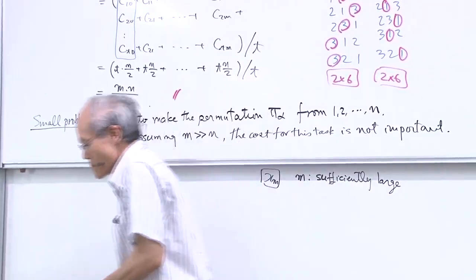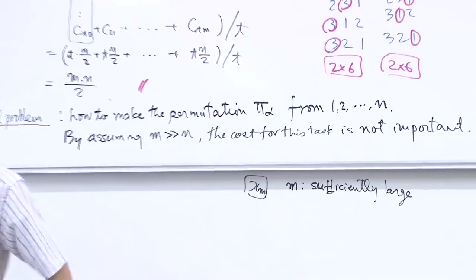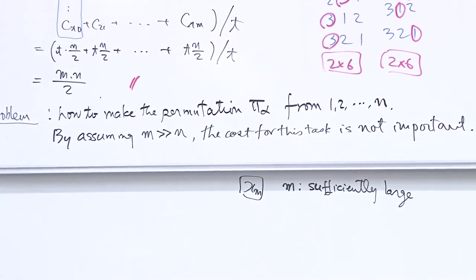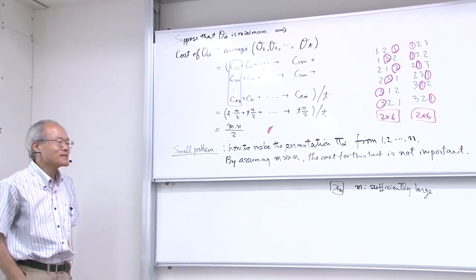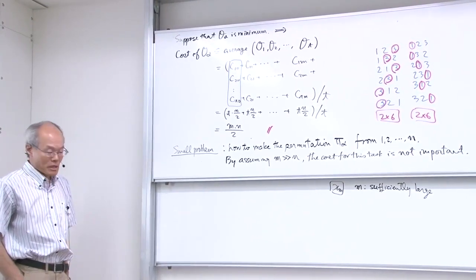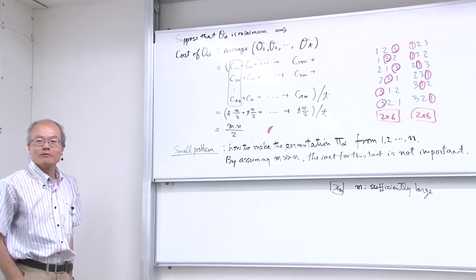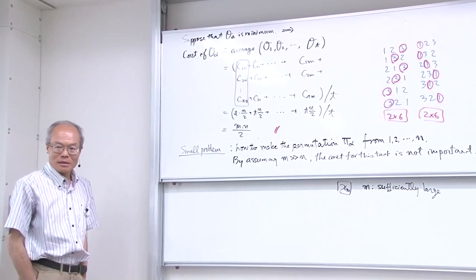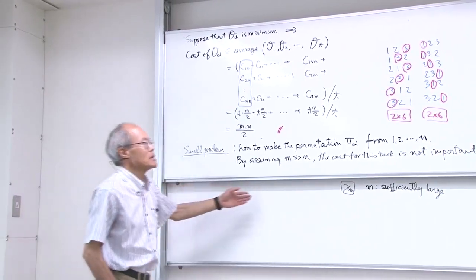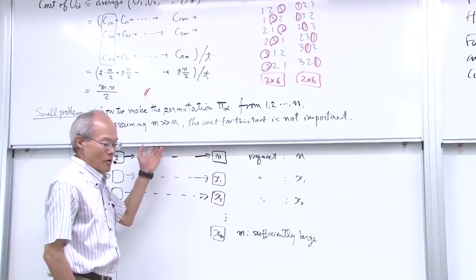If the value m is much larger than n, then the cost for this initial preparation is not very important. Maybe this is your homework, this kind of exercise. It's not so important. Okay. So we are done.